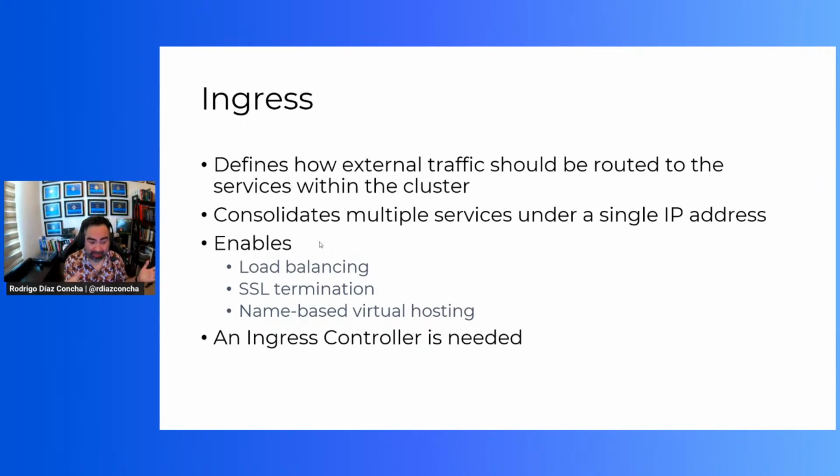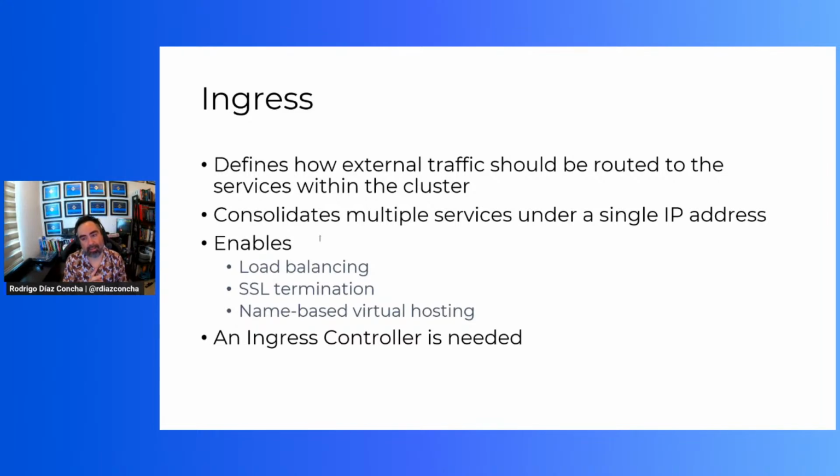Load balancing, SSL termination, and name-based virtual hosting are some of the traits and features that Ingresses enable in your cluster. So you create Ingress objects by using a manifest file. I believe there's an imperative way of doing this. However, most of the time you're going to use a manifest file.